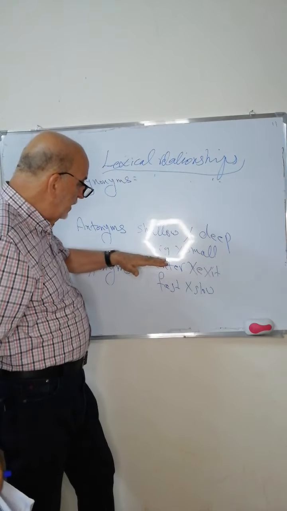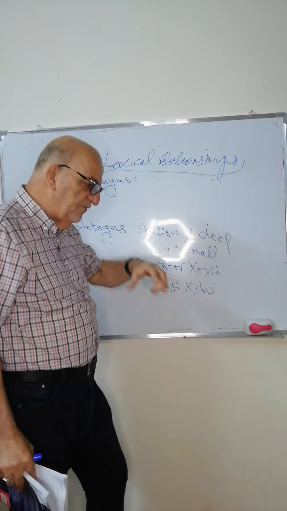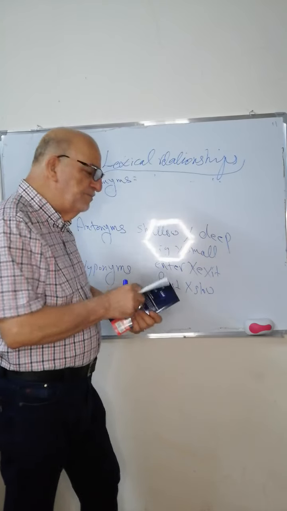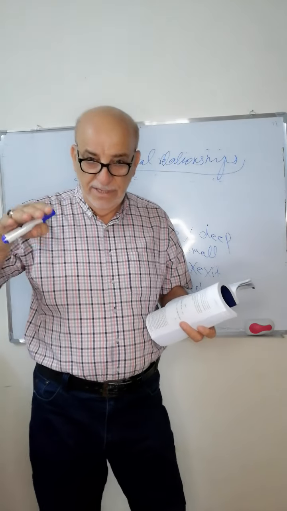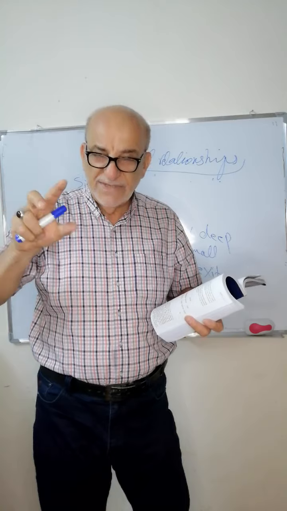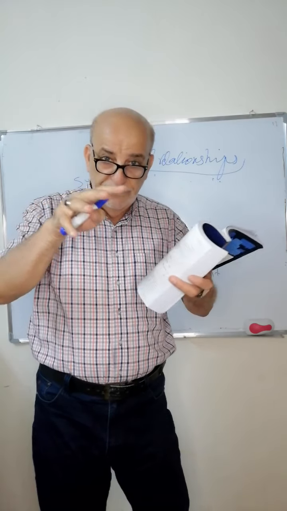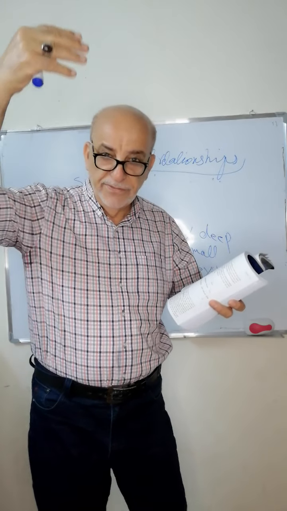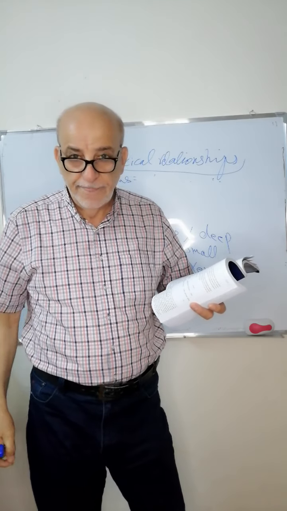In antonyms we have fast, faster, fastest; small, smaller, smallest; big, bigger, biggest. Here we have gradability. We have a scale, just like grades on a thermometer: 0, 1, 2, 3, 20, 30. We have gradation.